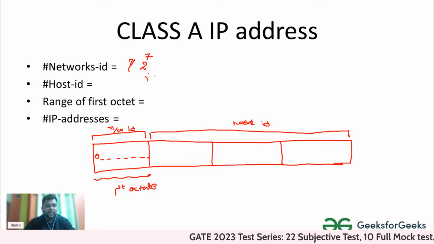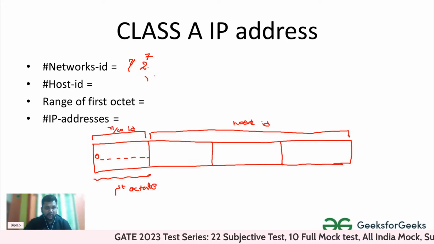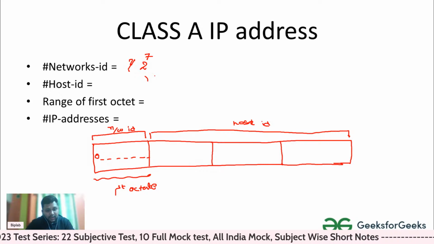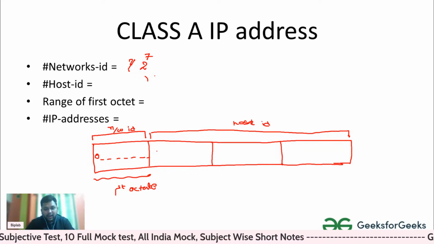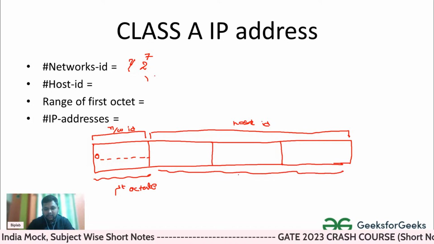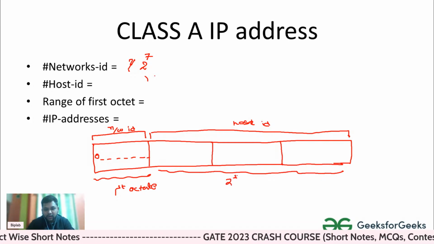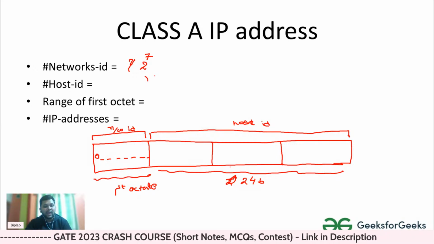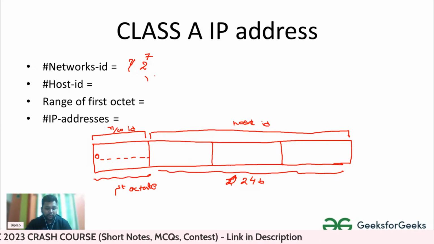Now, in each network, here is a trick, which I will come to later. In each network, when you have fixed one network, each network again has 24 bits for hosts.